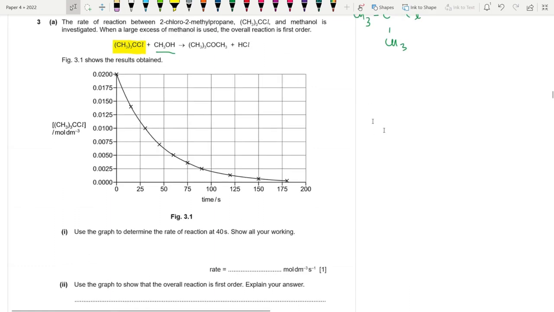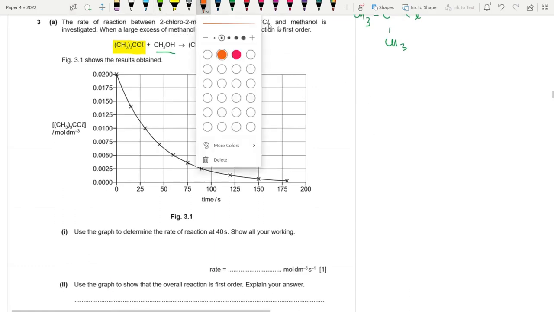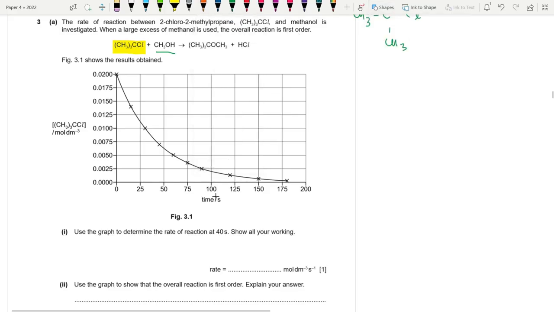Use the graph to determine the rate at 40 seconds. Okay, so we draw a tangent at 40. Damn, this was hard to do, mainly because this is 25, right? So the midpoint is actually 37.5. Okay, this is 37.5. Oh, so these points, they increase by 10, right?